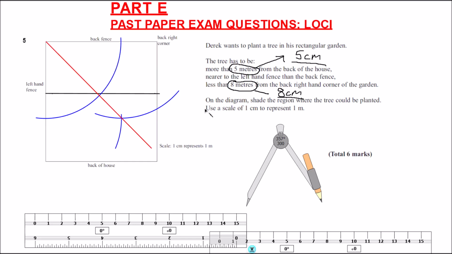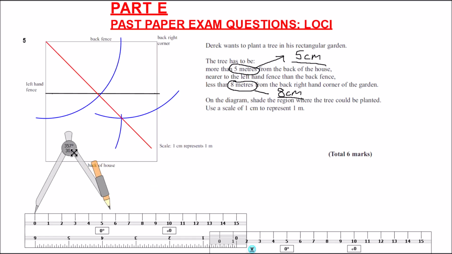Finally though, we are told that we want this tree to be less than 8 meters from the back right-hand corner of the garden. So 8 meters, we need to measure out 8 centimeters, don't we?